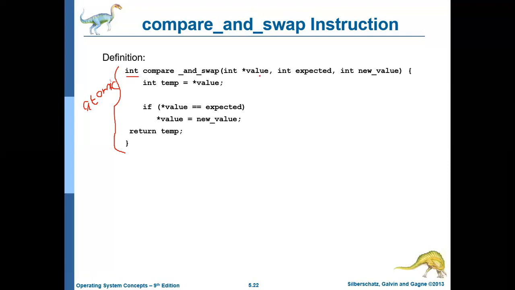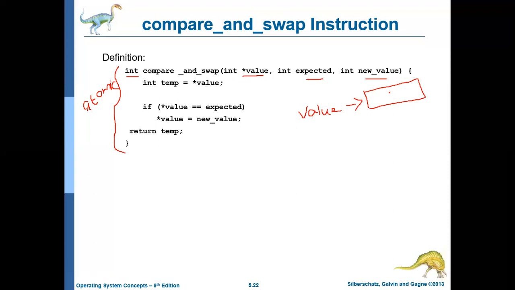If you see this particular function compare and swap, it returns a value of type integer, and it takes three arguments. One is a pointer to an integer, and two other integer values. One is expected, the other one is new value. The pointer points to some memory location which holds an integer value, so we don't know what its value is.